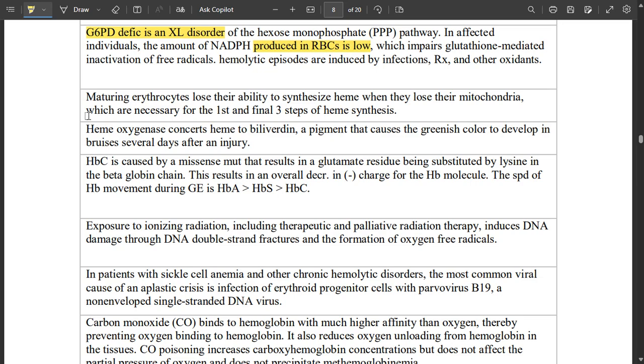Immature RBCs have mitochondria, so they can synthesize heme, but mature RBCs do not, and hence cannot synthesize the heme molecule.